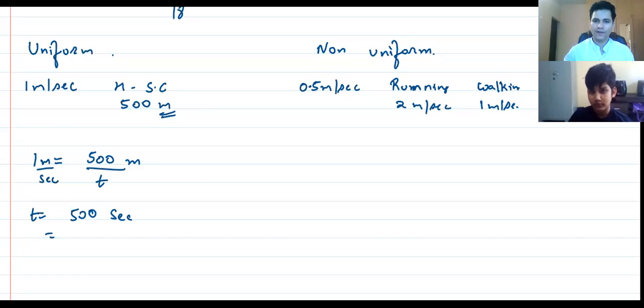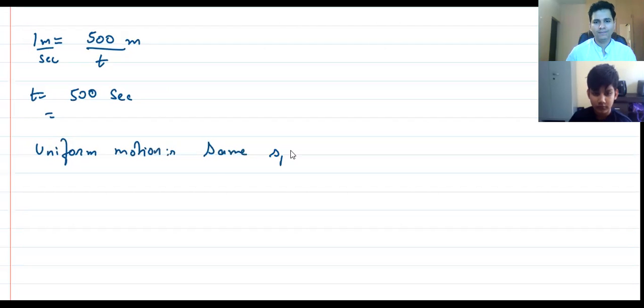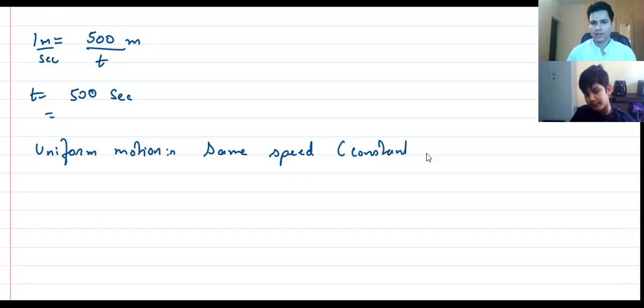So if I have to write the definition, uniform motion means same speed throughout the journey, same speed, or constant speed.